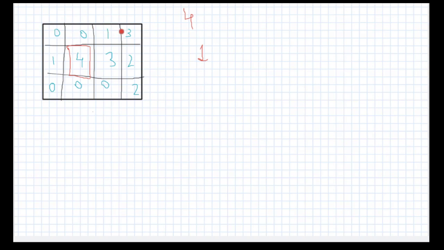Now take the sum. By this it's 1. Is it equal? No. Take another one. Is it equal? Yes, 4. And for this also we'll have 0 0. So one of the matrices would be this.